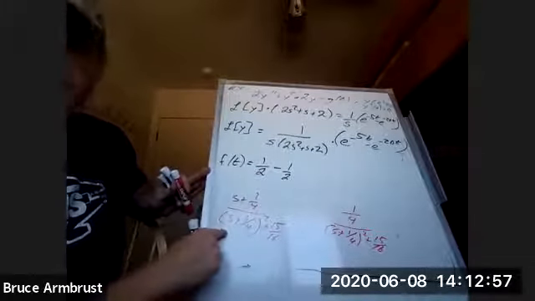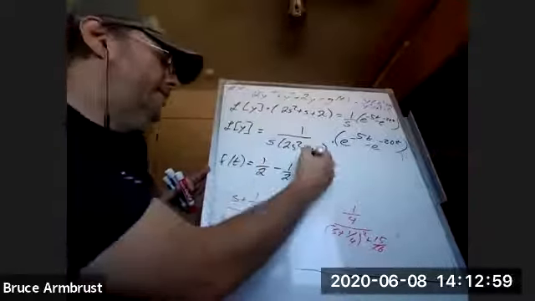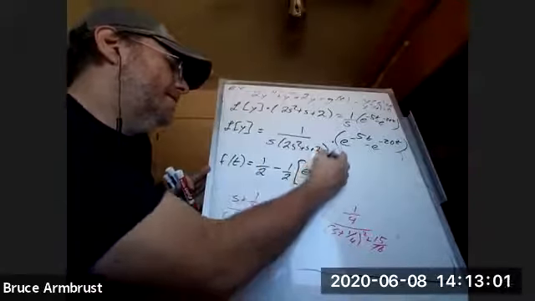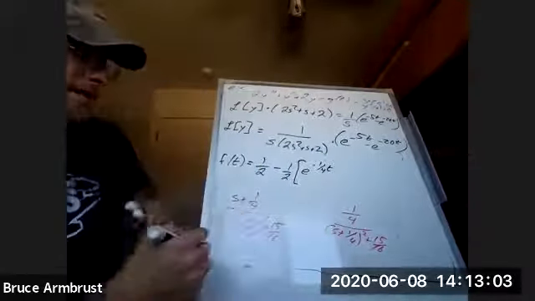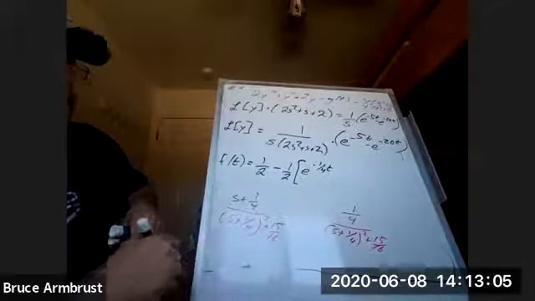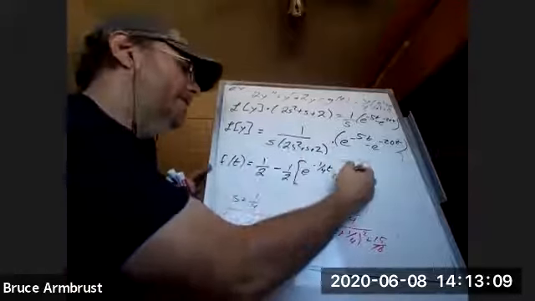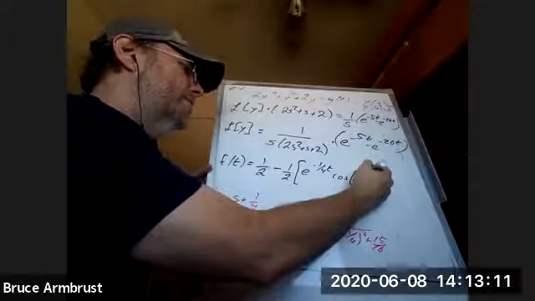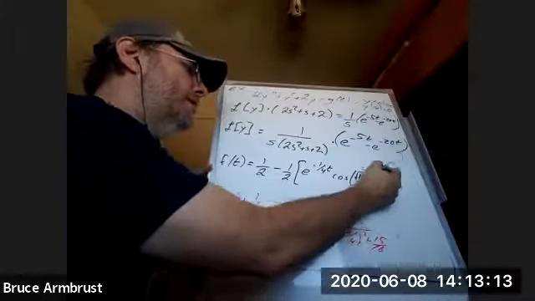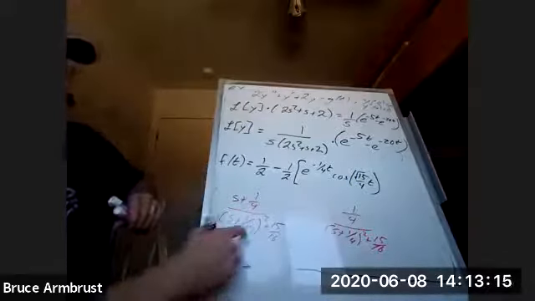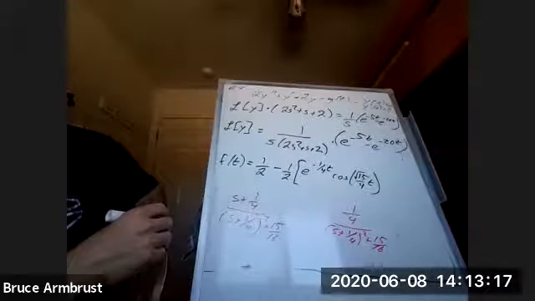This piece right here is going to give us e to the minus 1/4 t. That's what the s plus 1/4 does. And then we get the cosine of the square root of 15 over 4 times t. That's what the 15/16 does.